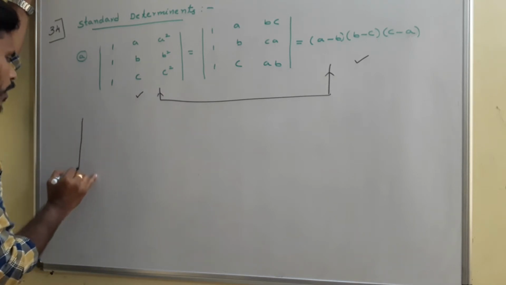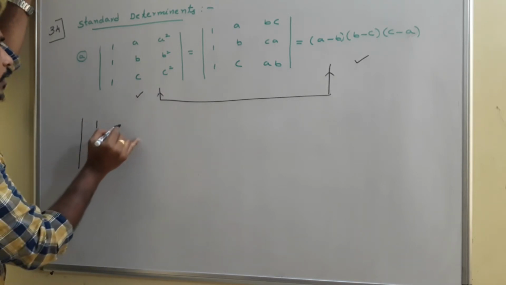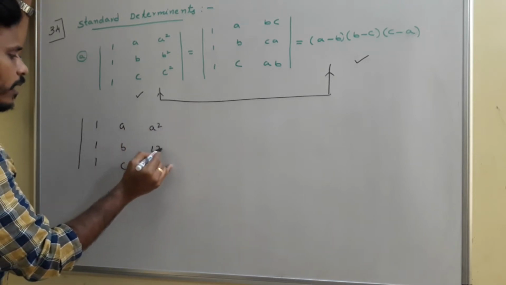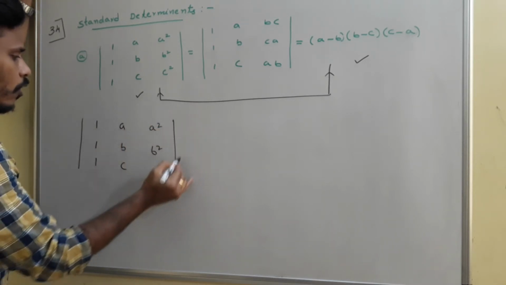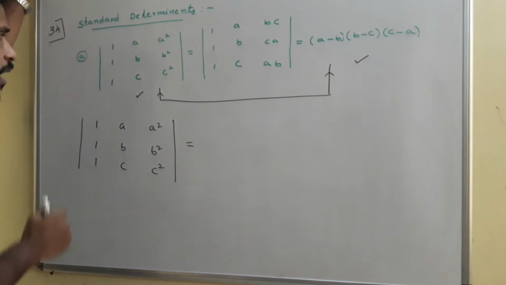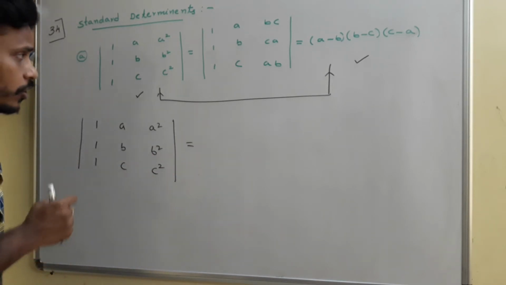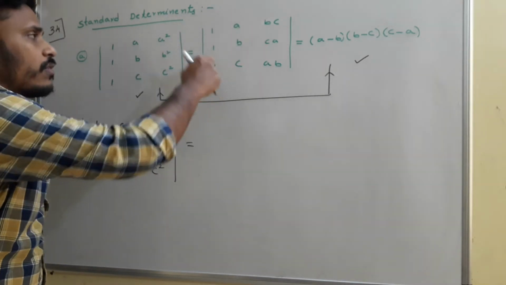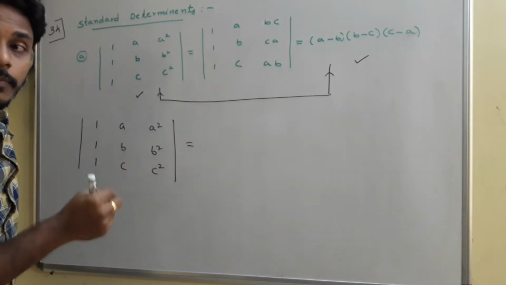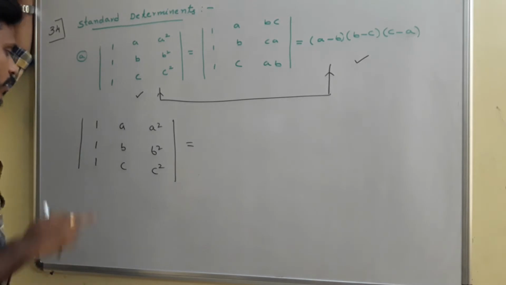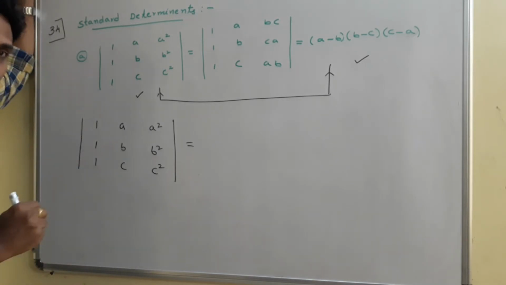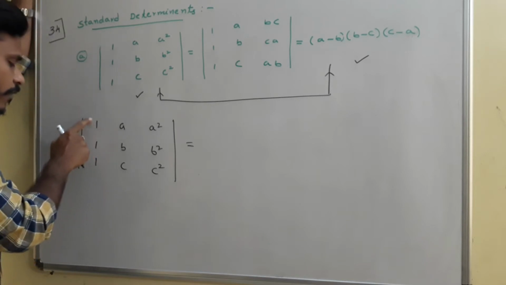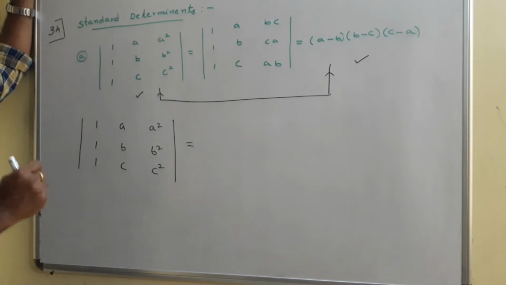The determinant of 1 1 1, a b c, a square b square c square. Just have a look how to do. Right. See, now I am trying to show the value of this determinant is directly equal to the value of this determinant just by using some properties of determinants. Here 1 is there in each and every term. Now I try to multiply every element of this column with a, b, c.